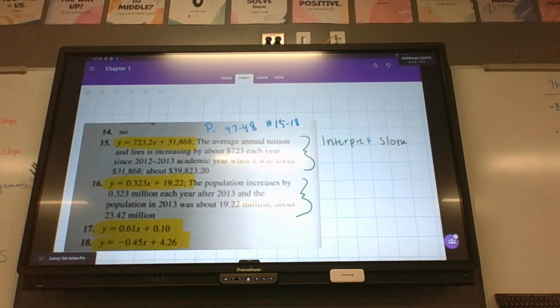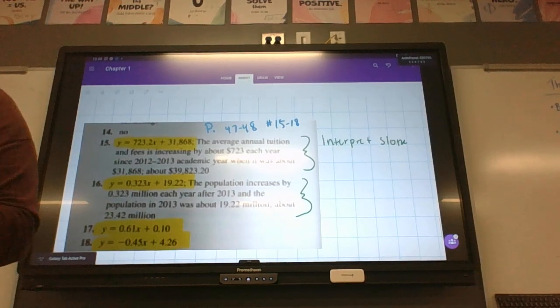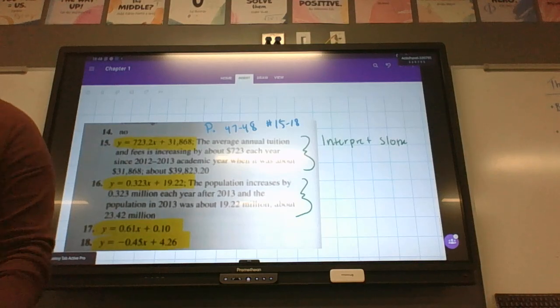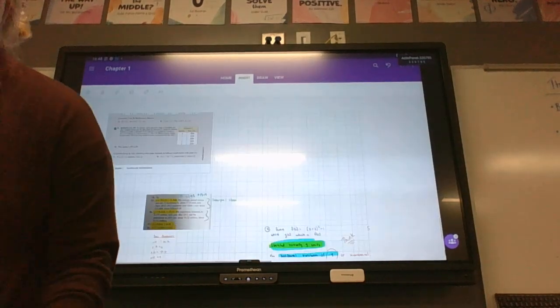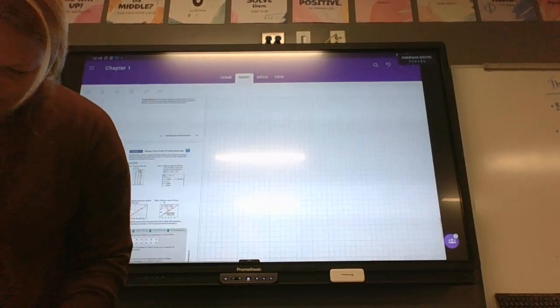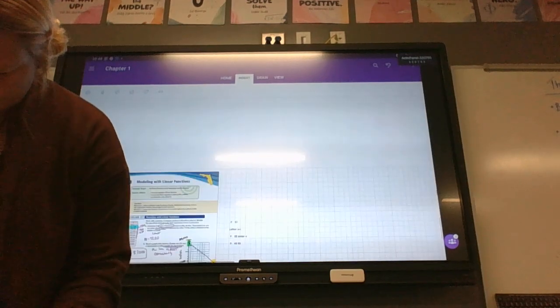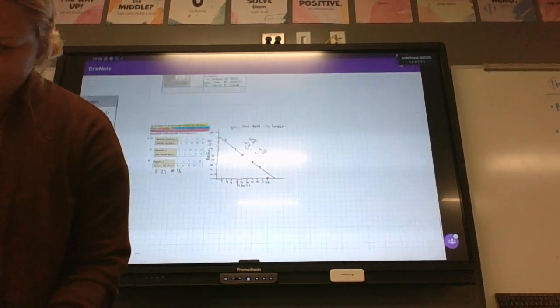Any questions here? Alright, if there's no more questions, let's check the assignment from Tuesday. I have not walked around and checked it yet. It's page 45. I jumped right into scatter plots yesterday.